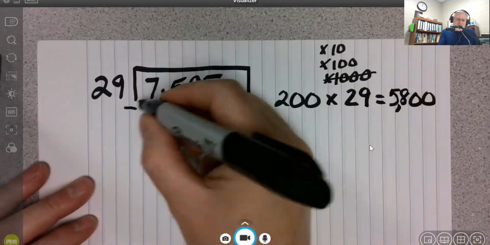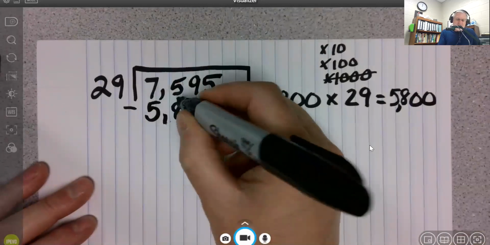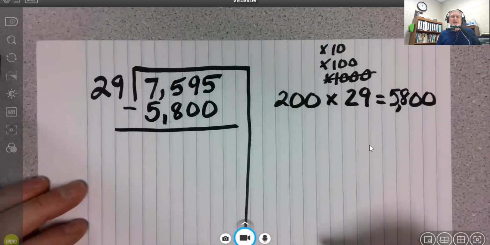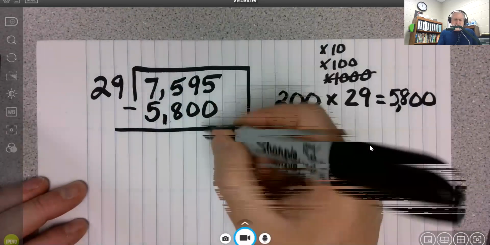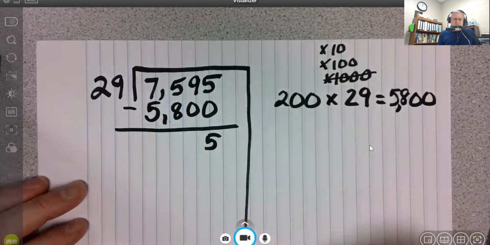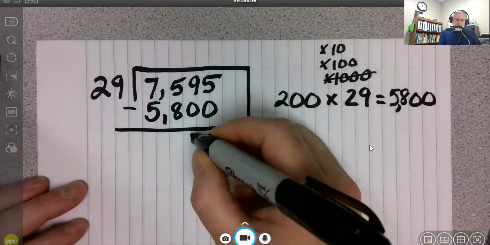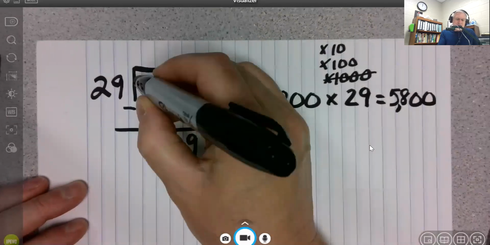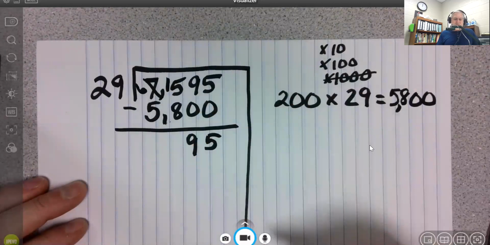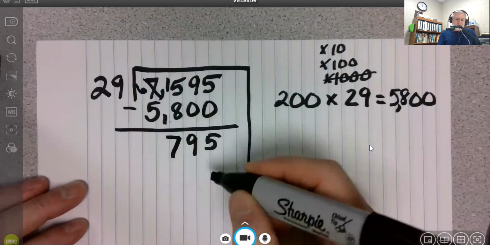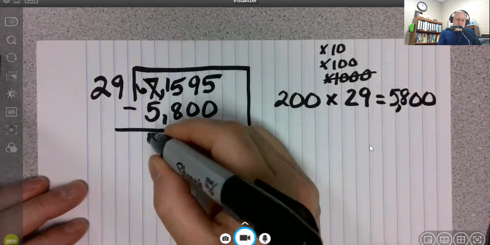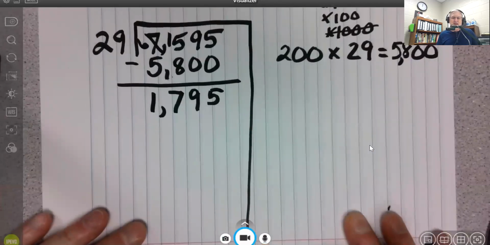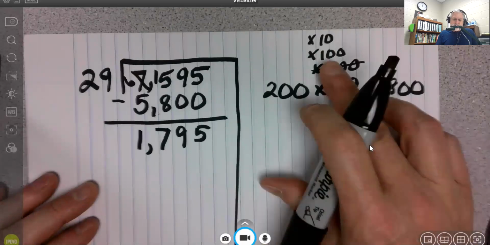And I can subtract 5,800 from 7,595. 5 minus 0 is 5. 9 minus 0 is 9. 5 minus 8 I cannot do. I have to regroup. And it becomes 15 minus 8, which would be 7. And 6 minus 5 would be 1. So I have 1,795 left.